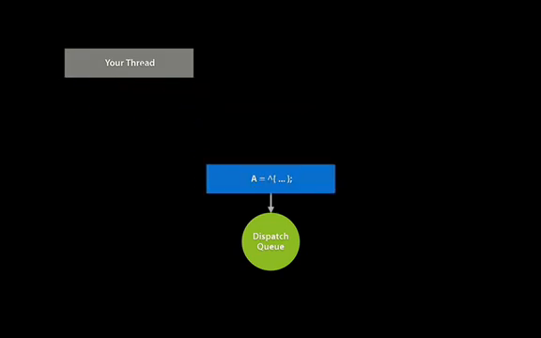And that whole process looks a little something like this. So you might have a thread, you might create a GCD queue, you instantiate a block, the dispatch async call enqueues the block onto a queue, an automatic thread is created, runs the block, and then everything goes back to a steady state.